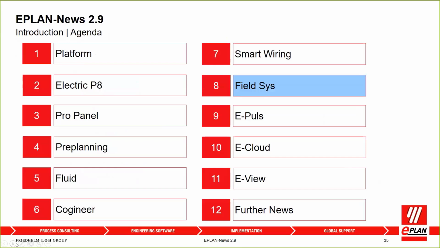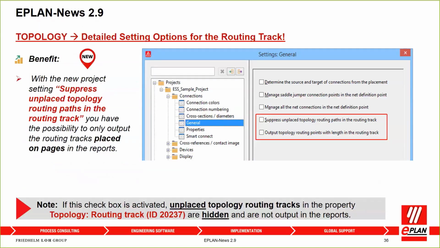The Field System module has also got some changes. The Field System module is a module for calculating cable lengths and routing track lengths by importing a 2D drawing file of your mechanical CAD drawing.